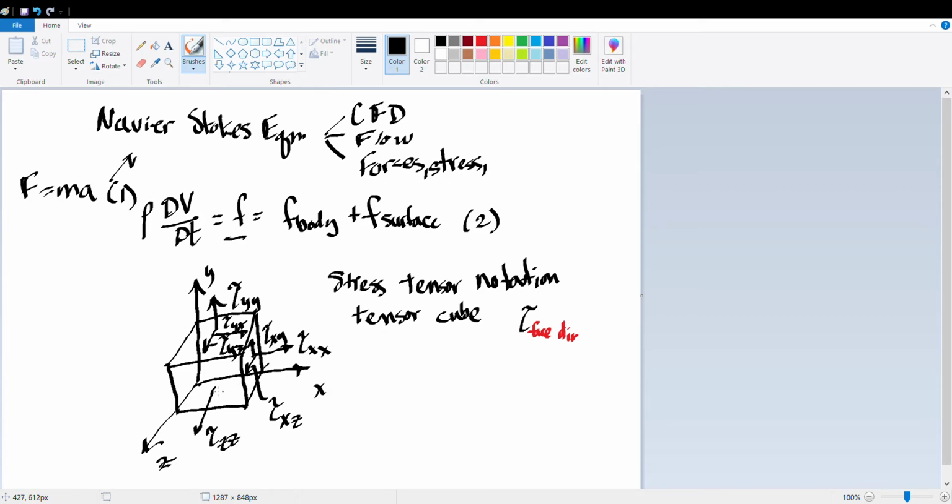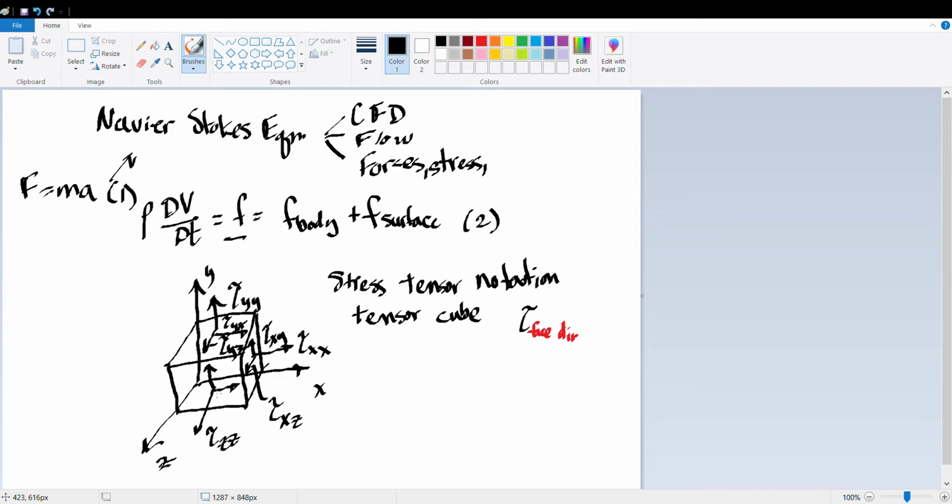I can leave it up to you if you want to name this one and this one. I won't label it, but this is now the z face. So this tau zz is the normal stress on the z face in the z direction. So all the face-normal tensors are the double indices: tau zz, tau xx, tau yy.